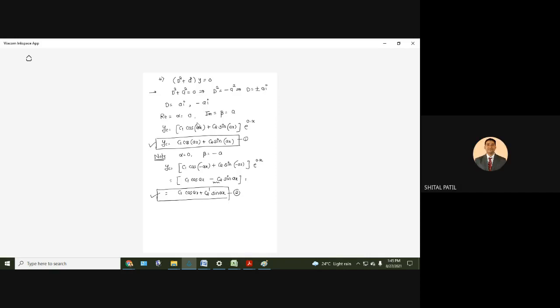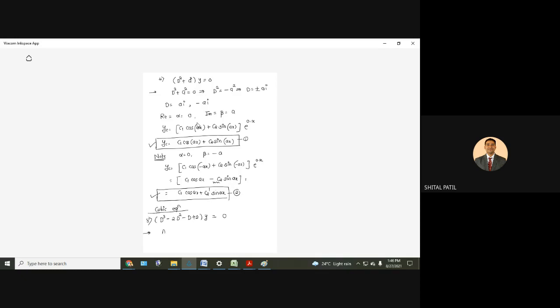Okay, next around cubic equations. We'll go through a few cubic equations. Write d cube minus 2d square minus d plus 2, example number 5, y equal to 0.